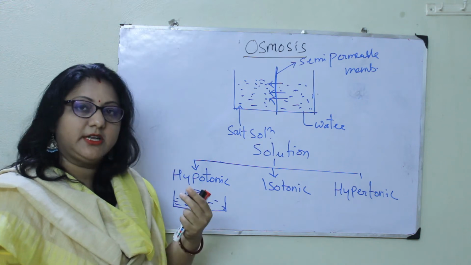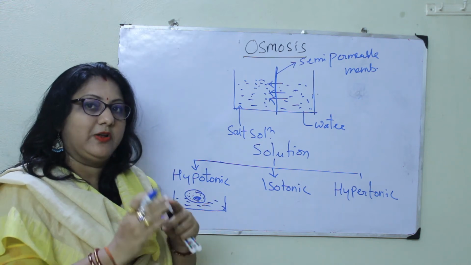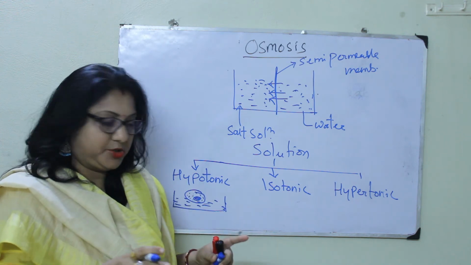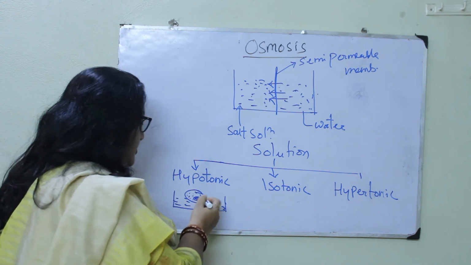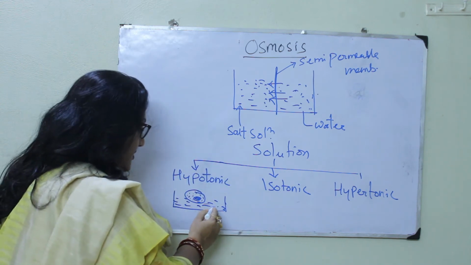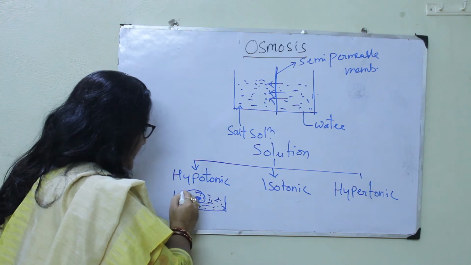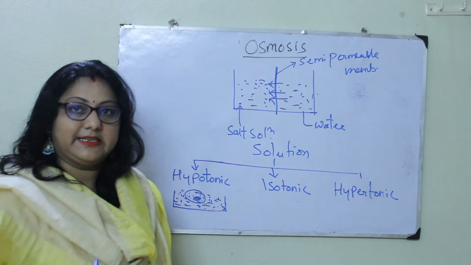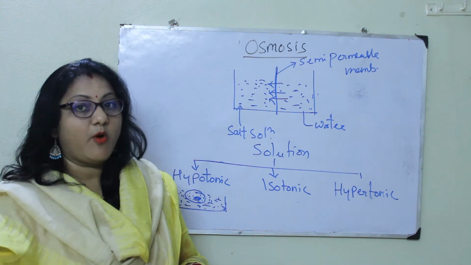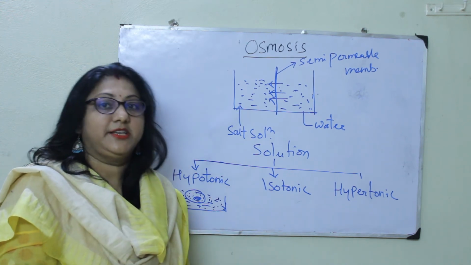So hypotonic, hypertonic or isotonic is always a comparative term. We are comparing two different solutions. Suppose the concentration of water inside the cell is less than the concentration of water outside the cell. That means the solution where the cell is put contains more water than the cytoplasm of the cell.